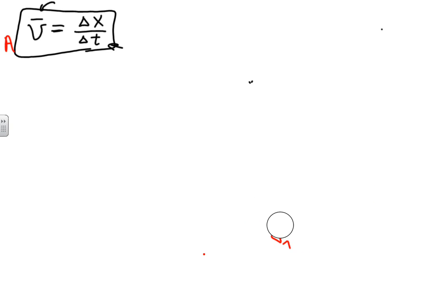It's the total over the total. How long did it take you to go a certain distance? And you could rewrite this as X final equals X initial plus V average times T. Notice that's really a delta T, but I'm writing it as T because T initial equals 0.